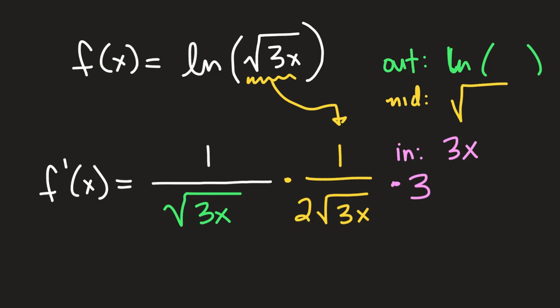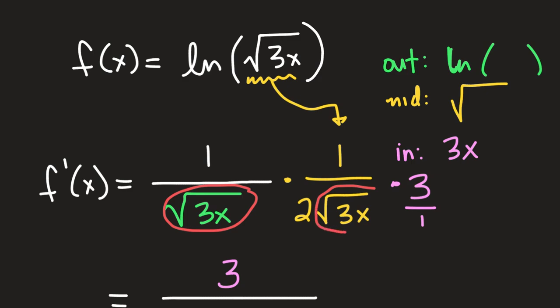So let's talk about our algebraic simplification now. So what goes into your numerator is the 3, right? Because this is 3 over 1. Your numerator goes up top, and your denominator goes underneath. Now, what do I get when I multiply root 3x times root 3x? I get a normal 3x.